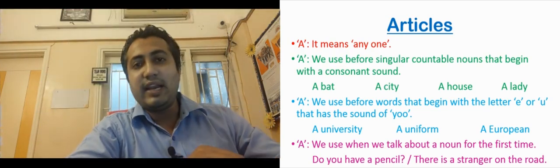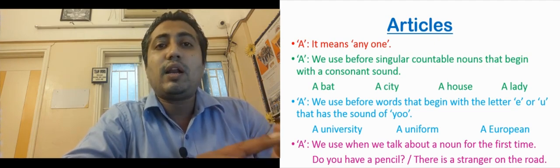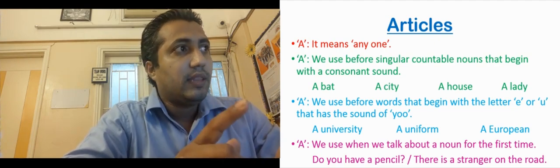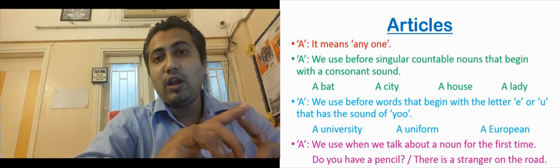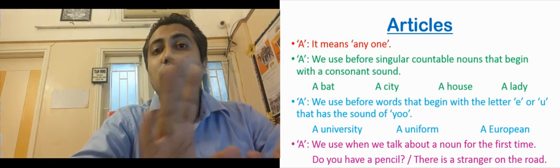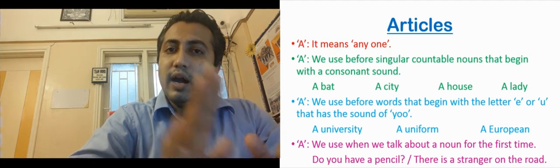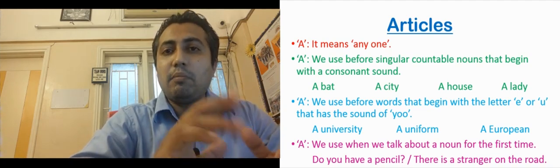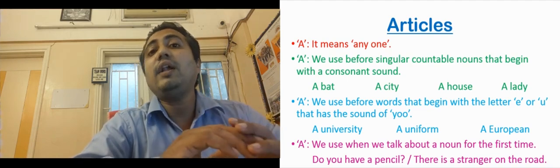Okay, now what is the next thing we need to understand? We use a before singular countable nouns that begin with a consonant sound. First of all, a will be used in front of countable nouns only. Uncountable nouns के सामने we will not use article a. ठीक है, water, milk, sugar, soil, ये सब के सामने, these are uncountable.